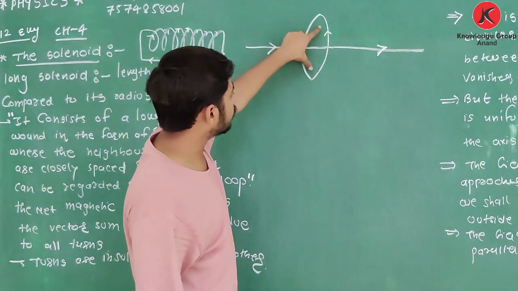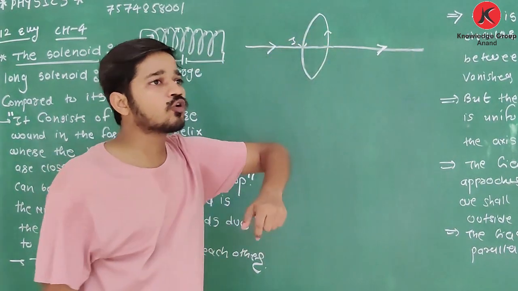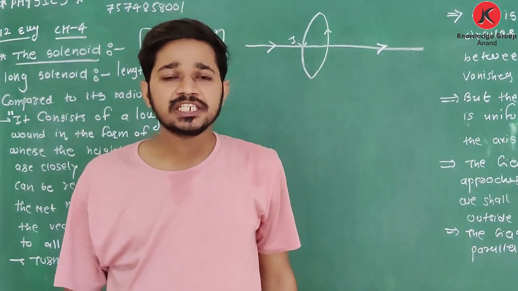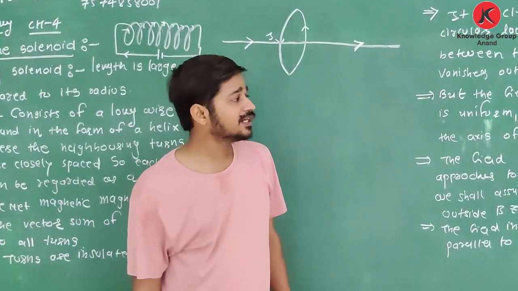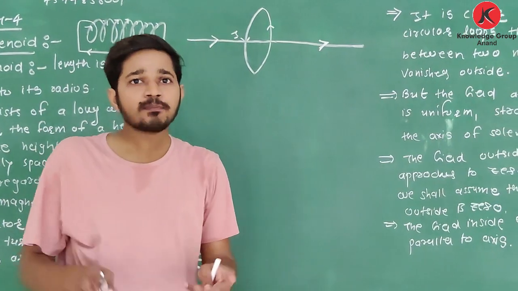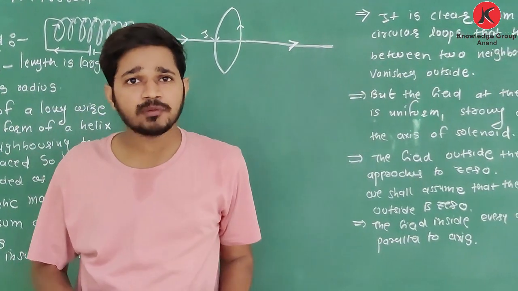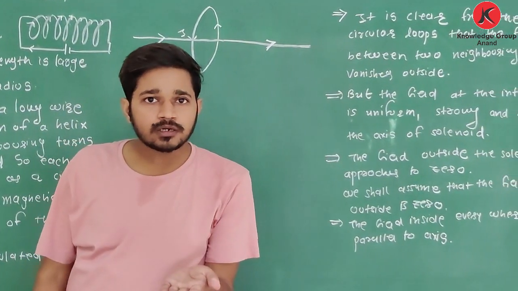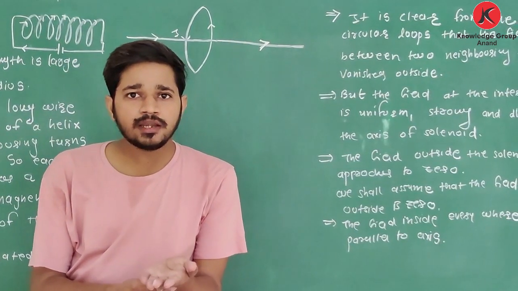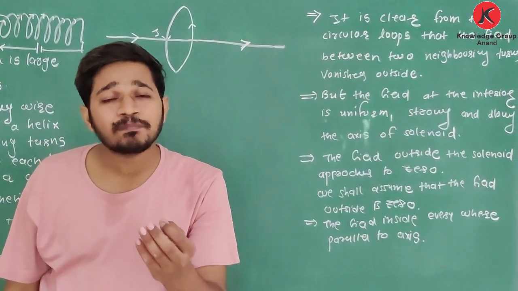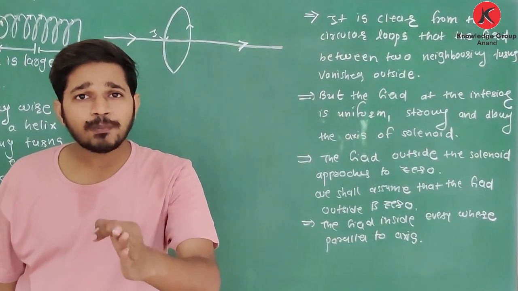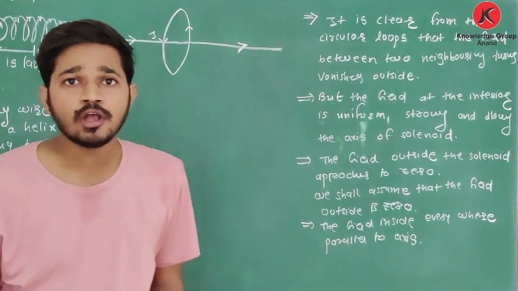But the circular coil behaves as a magnet. For a bar magnet, you know the direction of the magnetic field. If you remember that experiment, we take white paper and one bar magnet, sprinkle iron particles, and they arrange in a regular pattern called magnetic field lines.